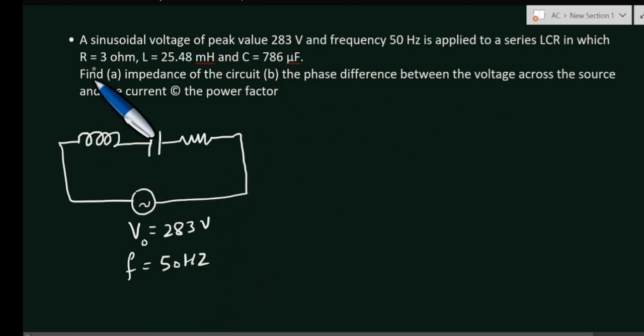and the value of L, C and R. L value they have given it here 25.48 Henry, and C value that is equal to 786 microfarad, and the value of R is also given, that is equal to 3 ohm.